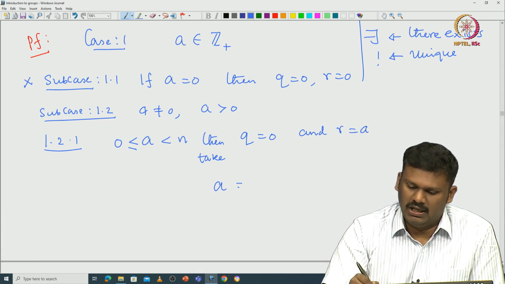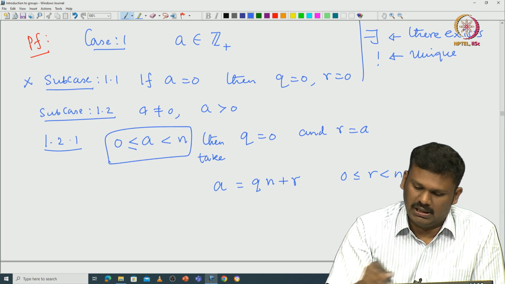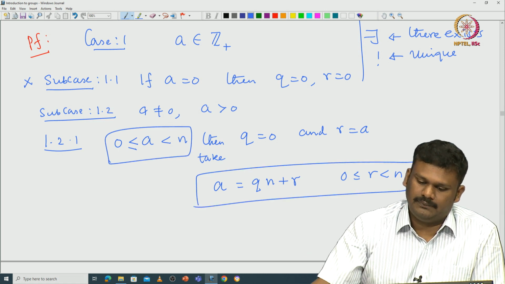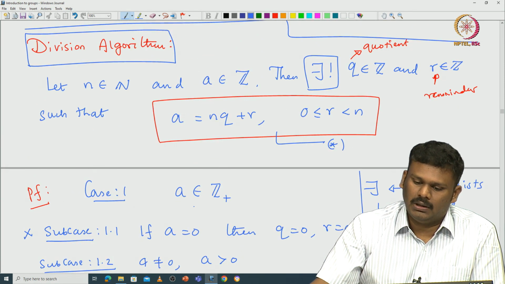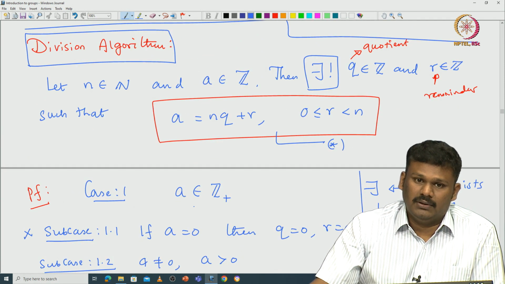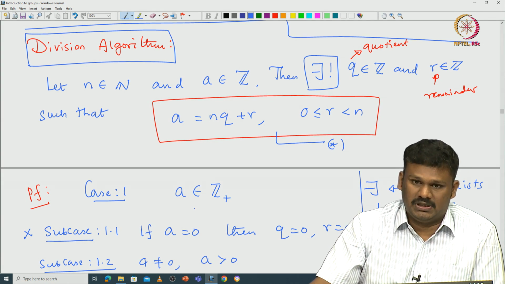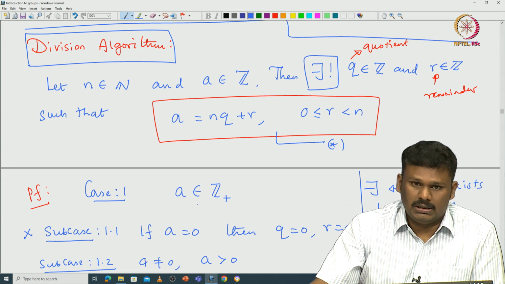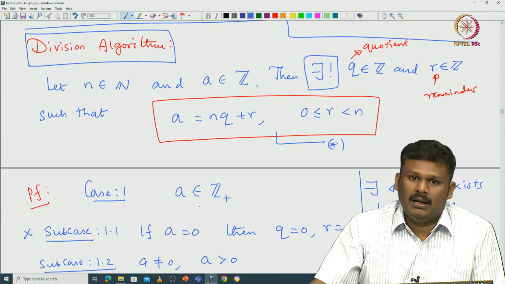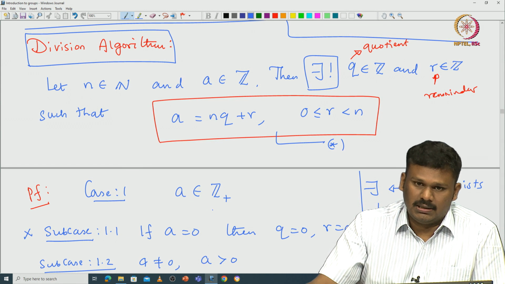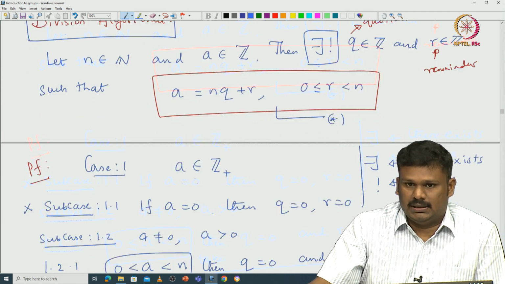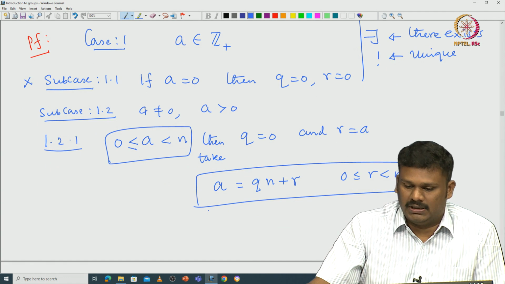Then you have a equal to q n plus r, where r is strictly less than n, because r is a. So, this is satisfied. Whenever a is strictly less than n, we can't really subtract a multiple of n. There is nothing to subtract. So, we just subtract 0 multiple of n and then we just get the remainder. That remainder will be strictly less than n. That is what we are saying here.